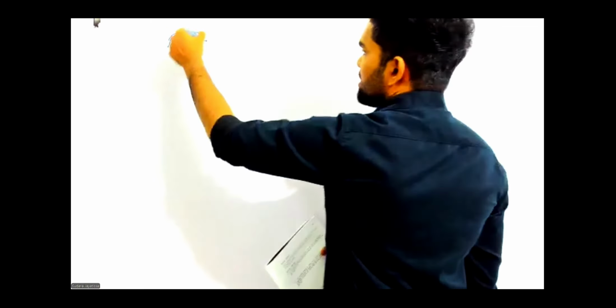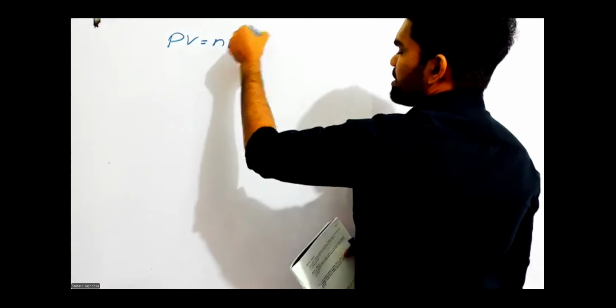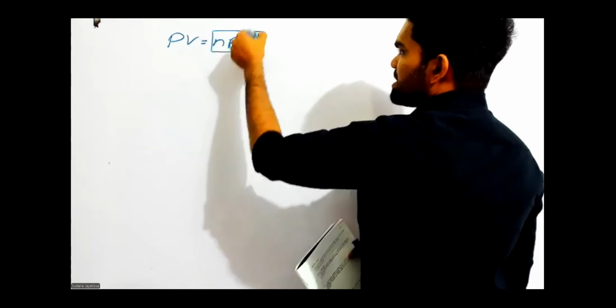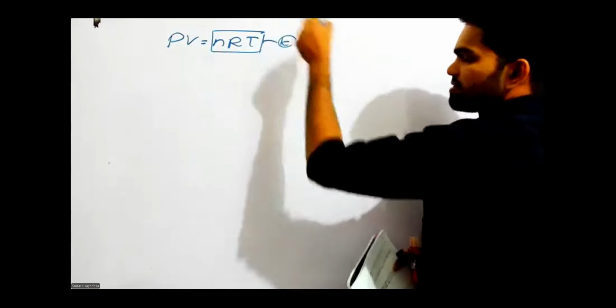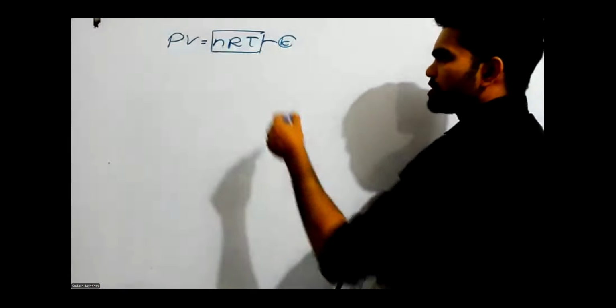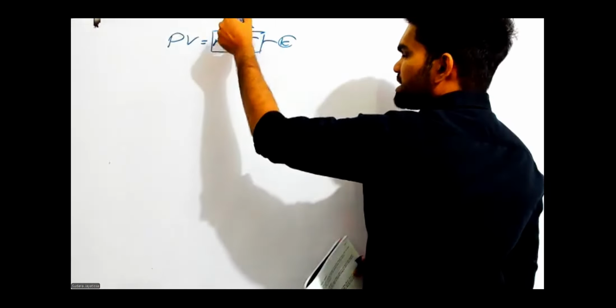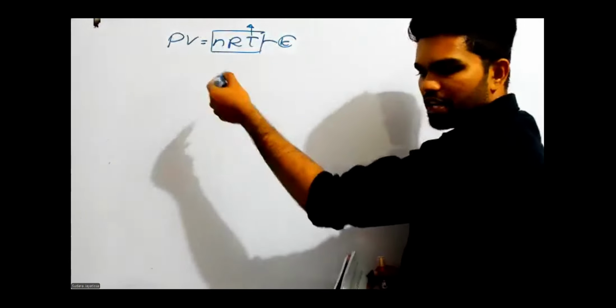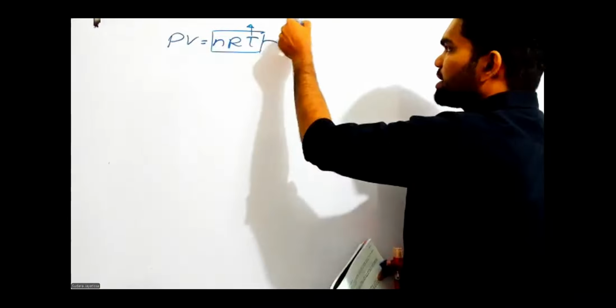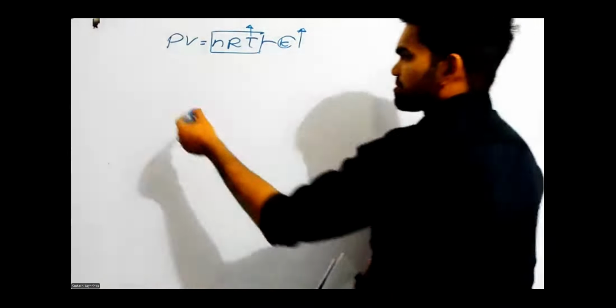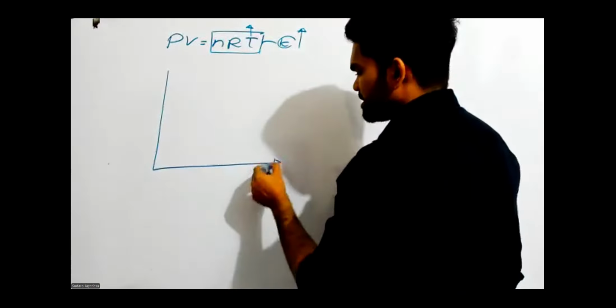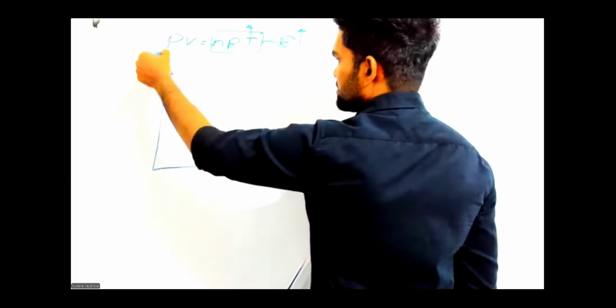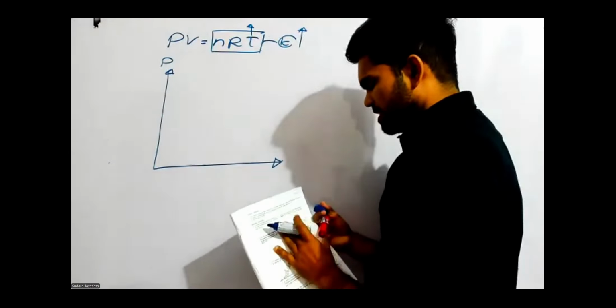So PV equals nRT. In Boyle's law we just simply said nRT is a constant. Understood? So if you increase the temperature from 300 to 500, this constant value will get increased. So the pressure volume curve, PV curve, that's what they asked.